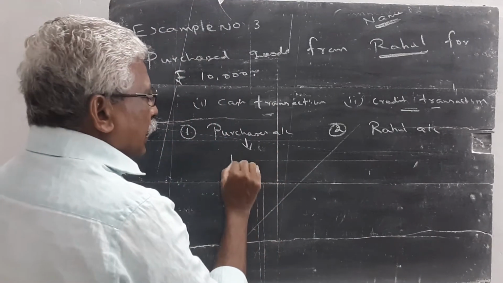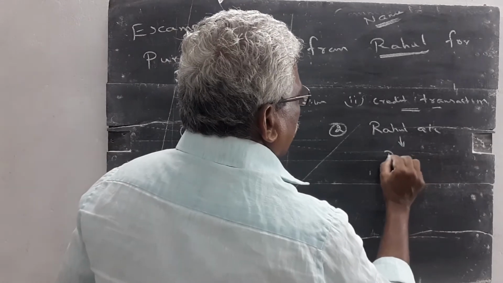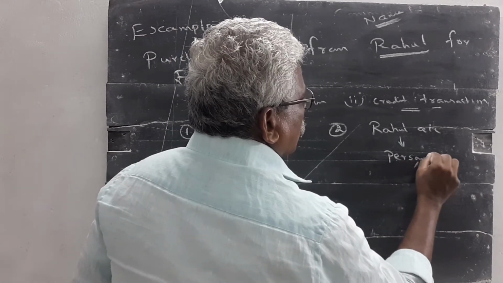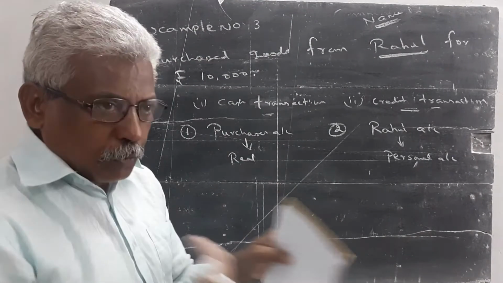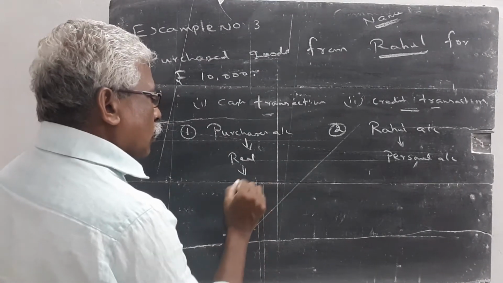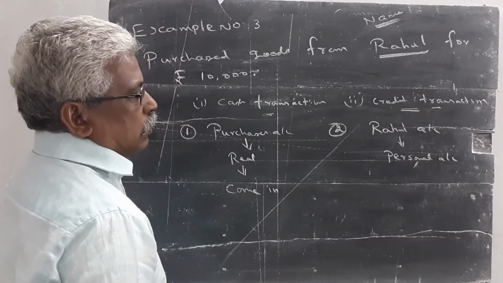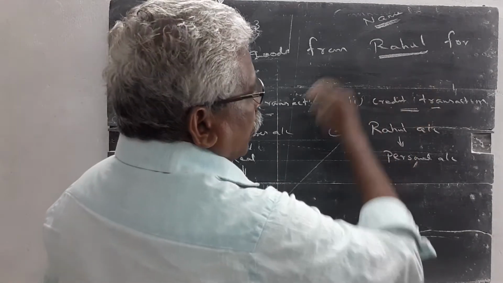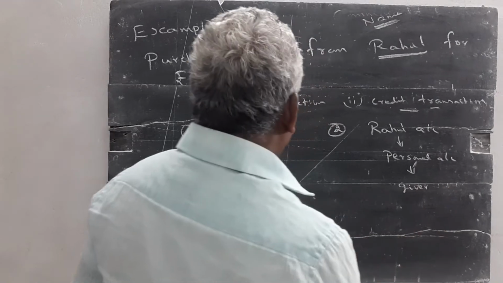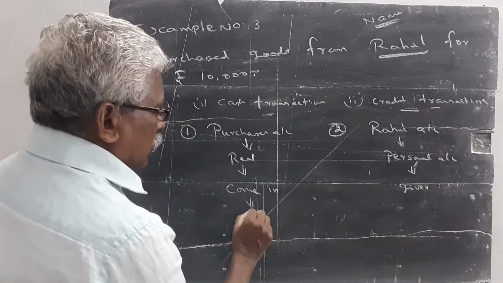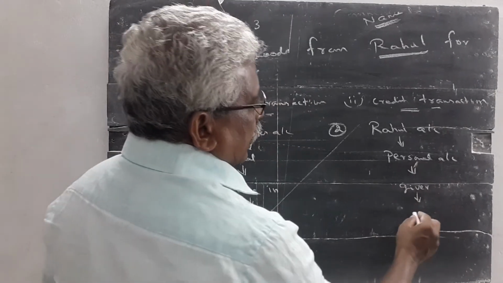Purchases account is a real account. Rahul account is a personal account. Purchased goods come in, so the rule of the real account is debit what comes in. Rahul is the giver of these goods, so he is the giver; debit the receiver, credit the giver.